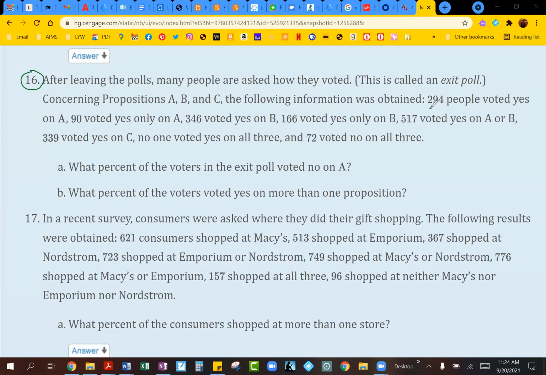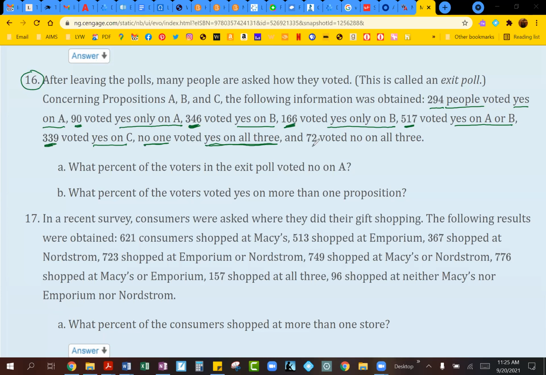294 people voted yes on proposition A. 90 people voted yes only on A. 346 voted yes on B. 166 voted yes only on B. 517 people voted yes on A or B. 399 voted yes on C, and no one voted yes on all 3.